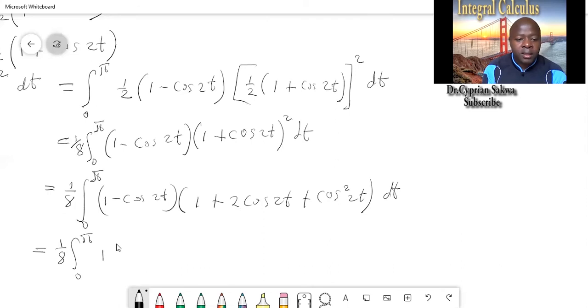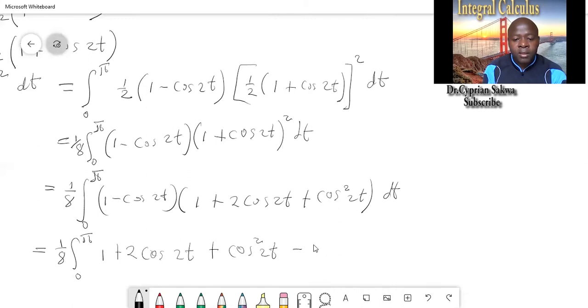This times that, I have 2 cos 2t. 1 times that, I have cos square 2t. Then I have this negative cos 2t times the whole of this, which gives me negative cos 2t.